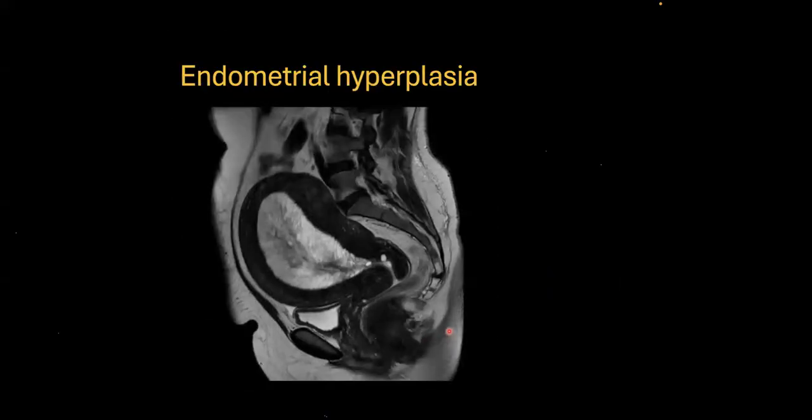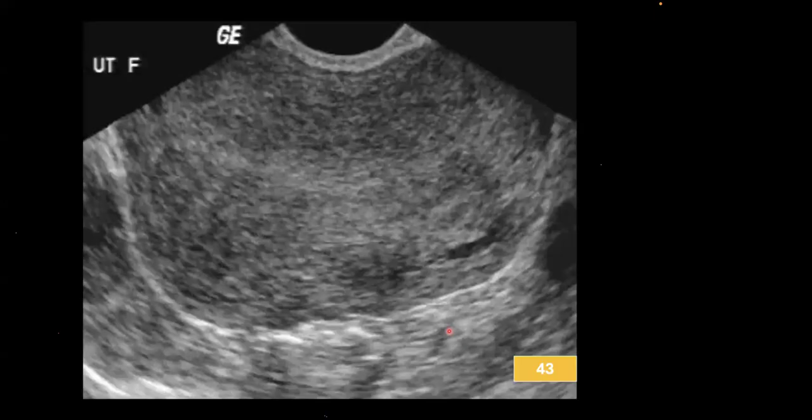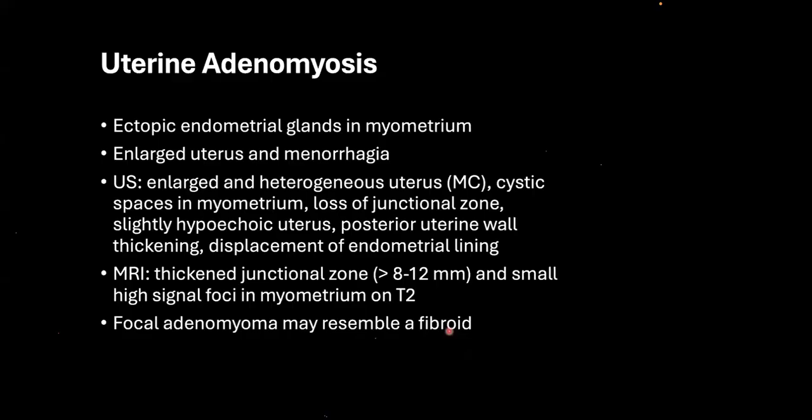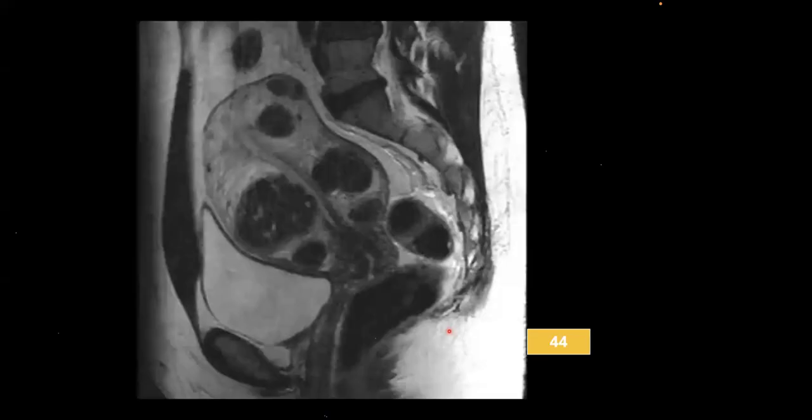This is endometrial hyperplasia. And now this was a confusing slide, but after giving the MRI image, most of you got it correct. It is uterine adenomyosis. Very good. Even with the FIGO staging you have come up.